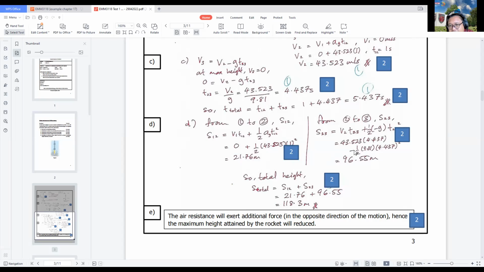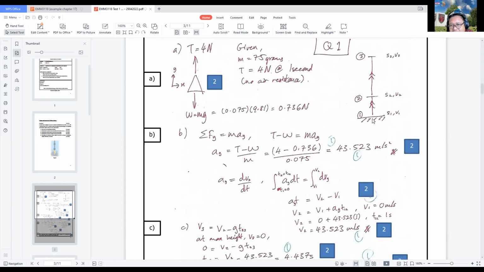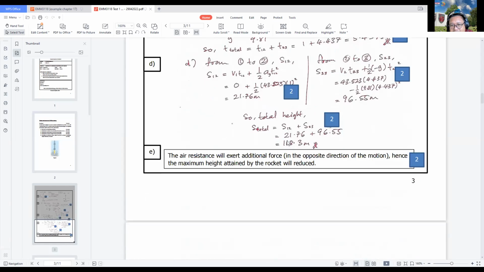You put minus in the front here. Since you know the height from point 1 to point 2 and also point 2 to point 3, you add them together.